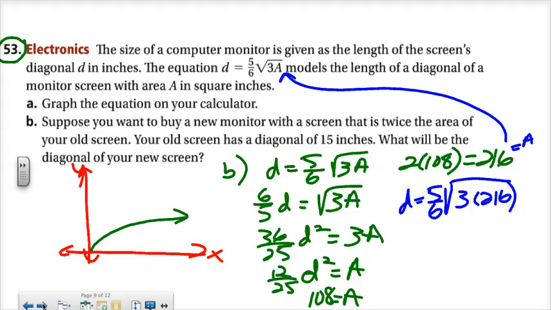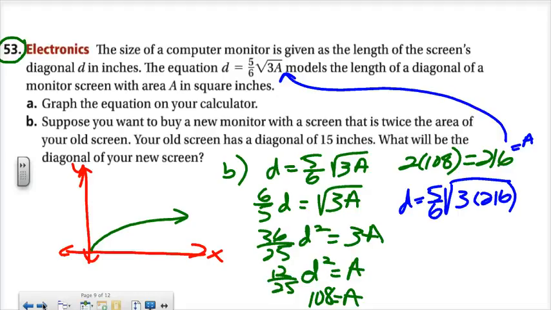So let's see here. I have my 216 in here. I'm going to take it times 3, take the square root of that little monster, and then multiply that times 5/6. 21.21320344. So the diagonal of your new screen approximately, well, let's go with 21.2.